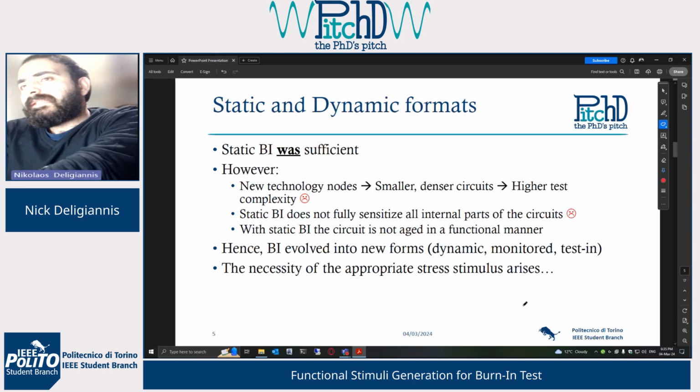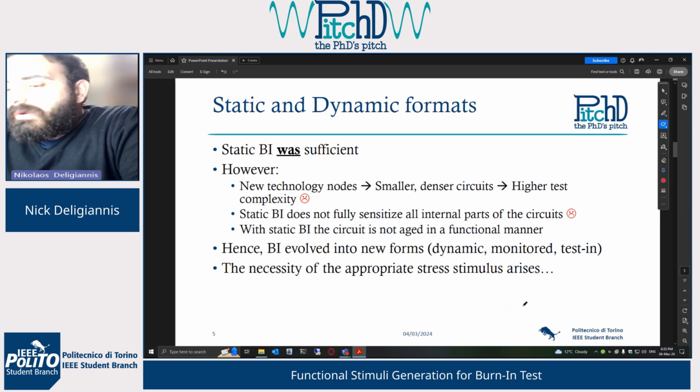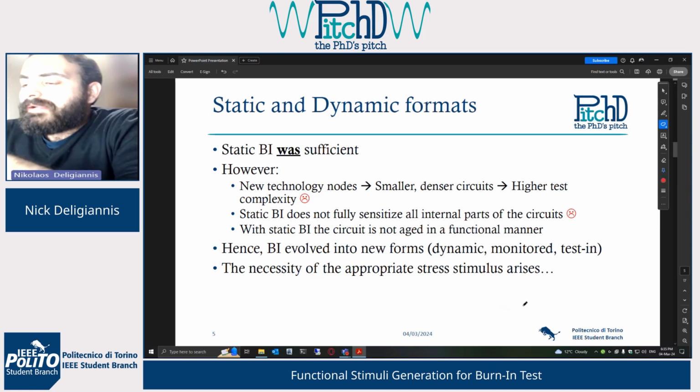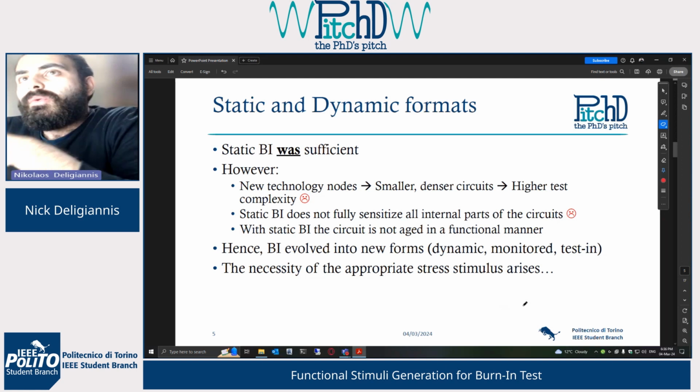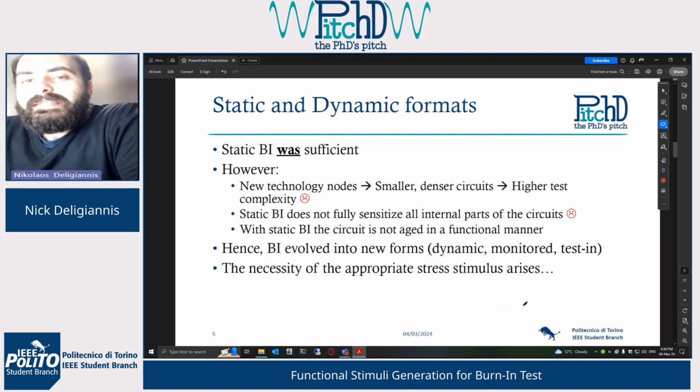Now, up until recently, the most common form of burn-in test was in static format. However, with new technology nodes where in the same silicon area we have exponentially more transistors, which result in denser circuits, the static burn-in is no longer effective because it cannot fully sensitize all internal parts of the circuits. And also, with the static burn-in, we do not age the circuit in the way that it was supposed to be in the mission phase.